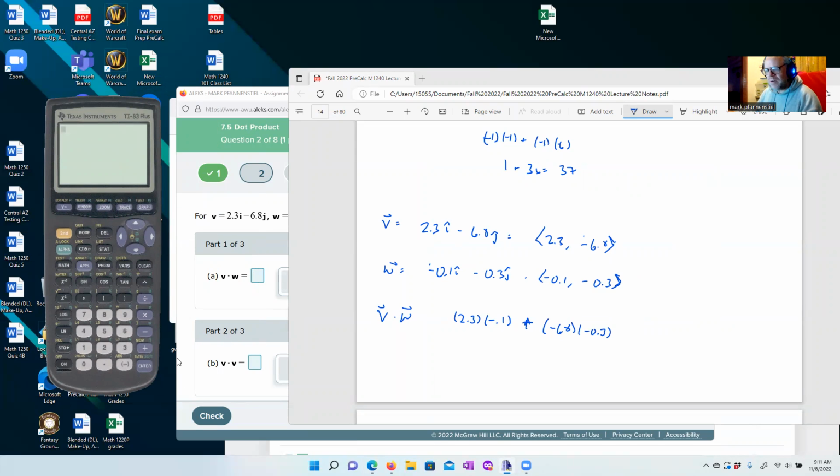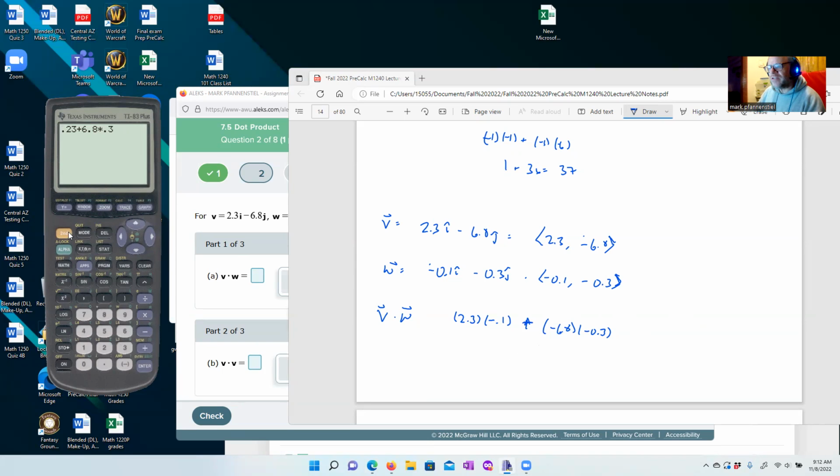Okay, so 2.3, oh, this one will. So this will be 0.23. And then plus, I have 6.8 times 0.3. All I did was combine the negative parts, because I know that a negative times a negative is going to be a positive.